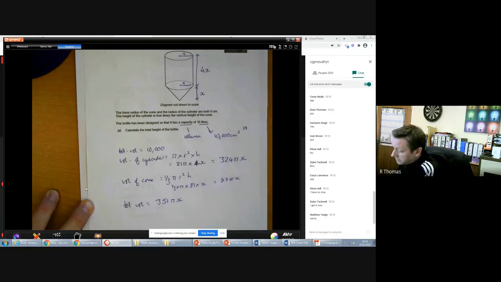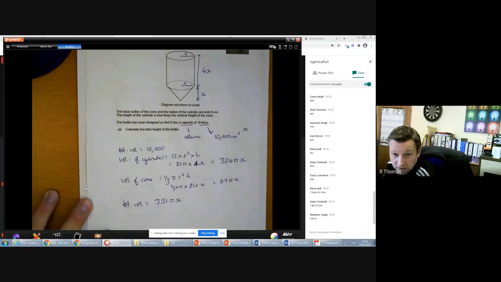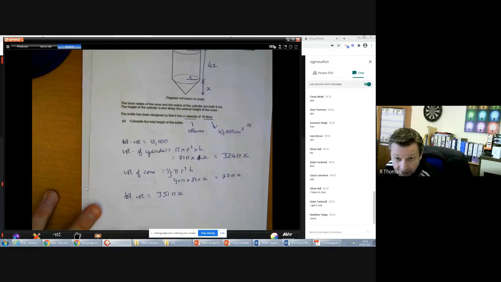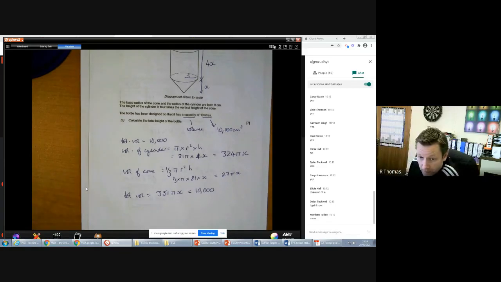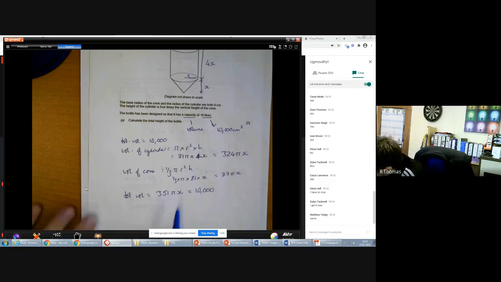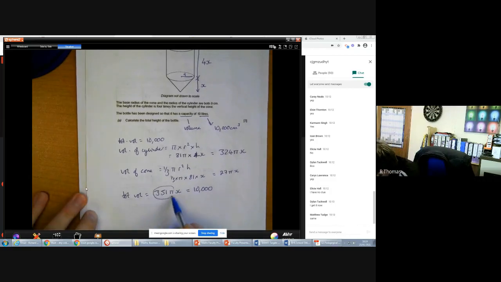That equals 10,000 centimetres cubed. So if I want to work out this value of x now, I'm just going to take this 351 pi over, and it'll become a divide. Obviously, it's times by x over here. So when I take it over, it will become a divide, right? So the value of x is 10,000 divided by 351 pi.